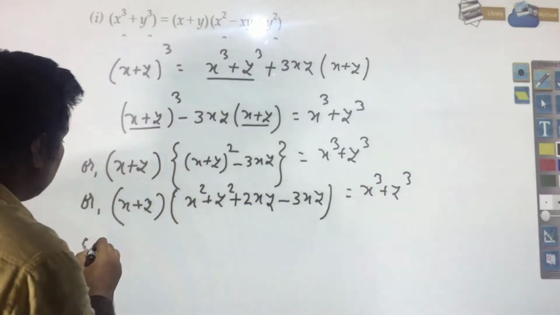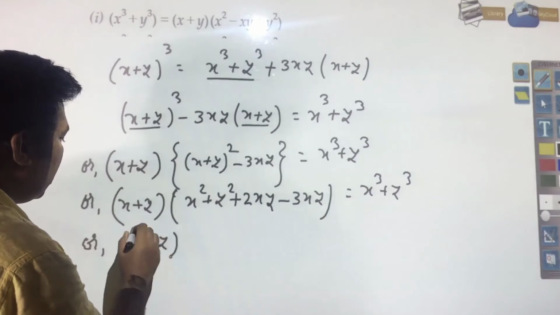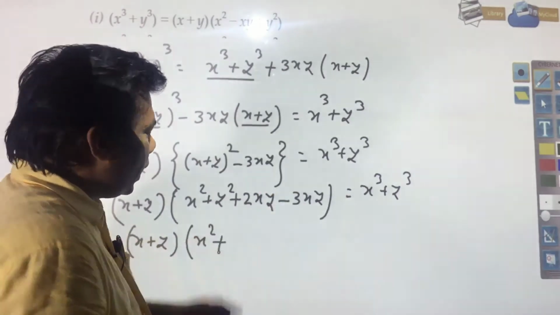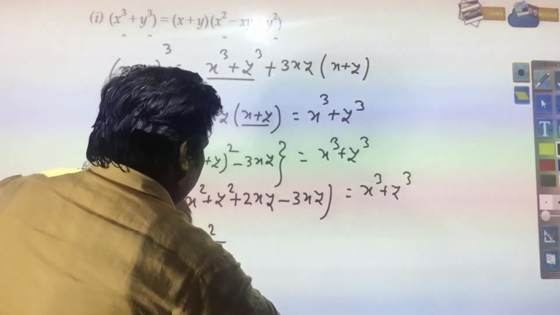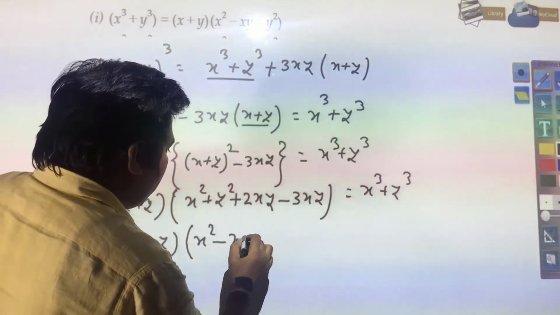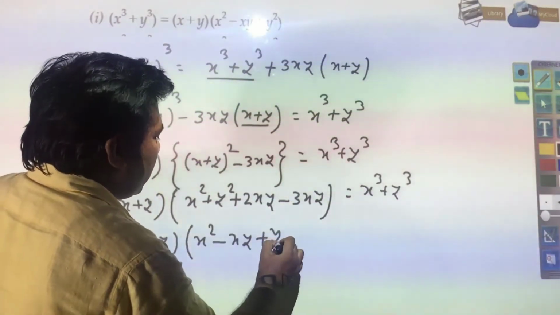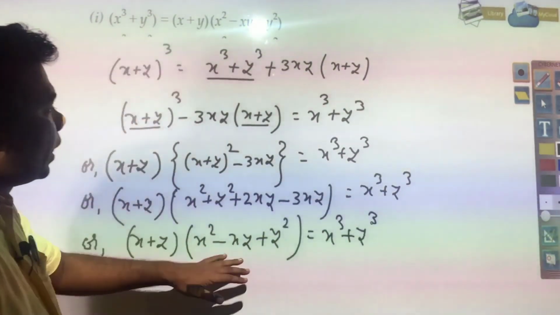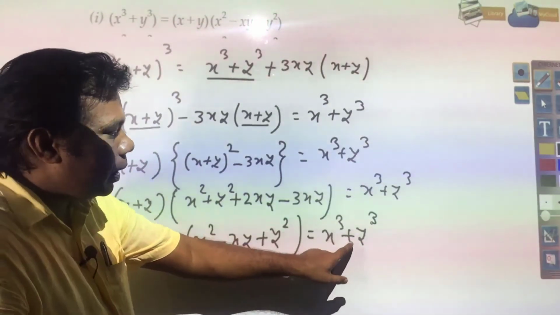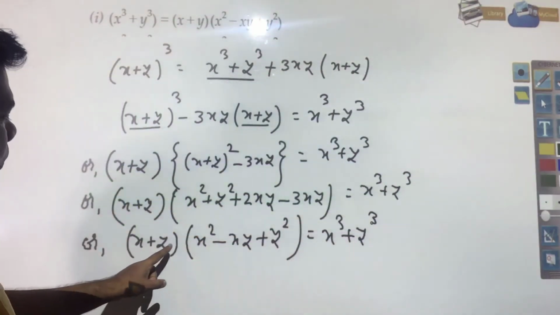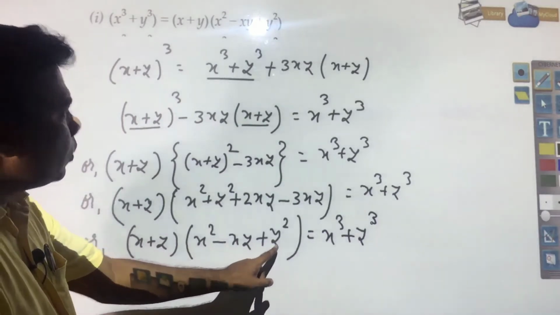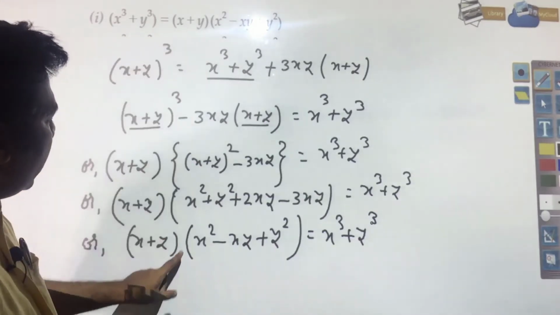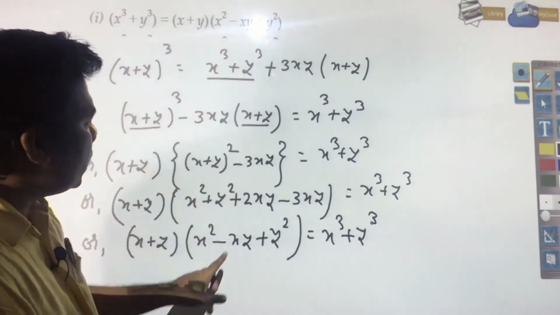And then x plus y into x square plus 2xy minus 3xy will be minus xy, plus y square, is equal to x cube plus y cube. So, finally, we have got the formula: x cube plus y cube is equal to x plus y into x square minus x y plus y square.